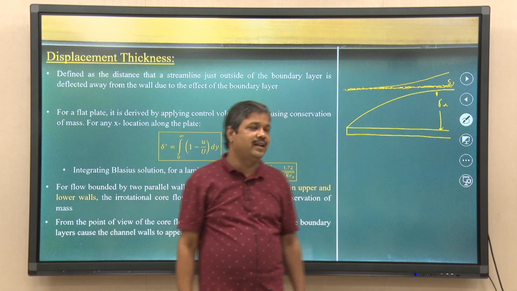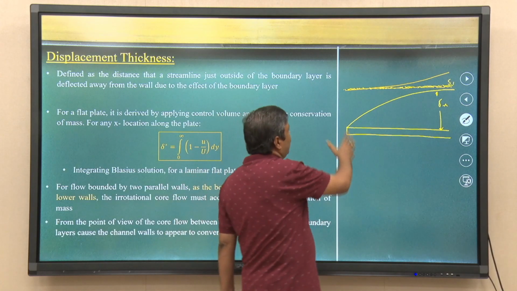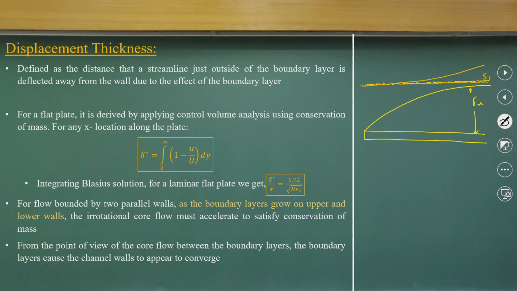You can understand it because whatever mass flow is going through these two streamlines should pass through, and the velocity u inside the boundary layer is lesser than the free stream velocity. So the distance that a streamline just outside of the boundary layer is deflected away from the wall due to the effect of the boundary layer is what I was explaining.